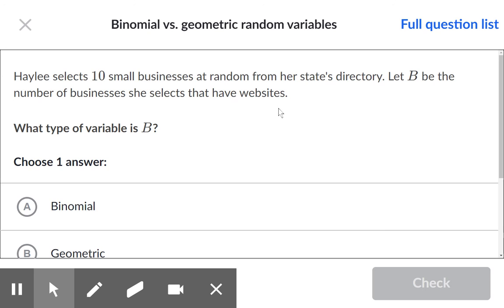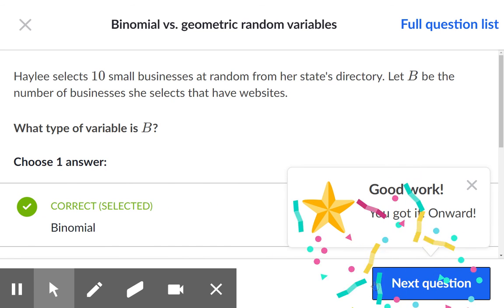With small businesses in the state directory, I think the 10% rule would be satisfied, assuming there are more than 100 small businesses in the state. It's either have a website or don't have a website, so it's B. It's binomial, so it satisfies all the conditions.